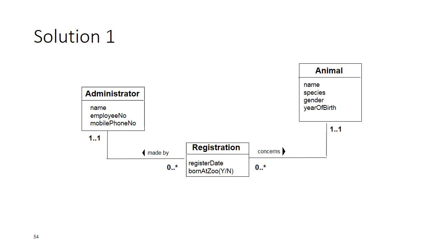Then when it moves, the second registration object for that animal will have the value no, and so on. So now you can search for all registrations for this animal and go back and see if it was born at any of these zoos. So you get better traceability by moving the attribute to the registration class.